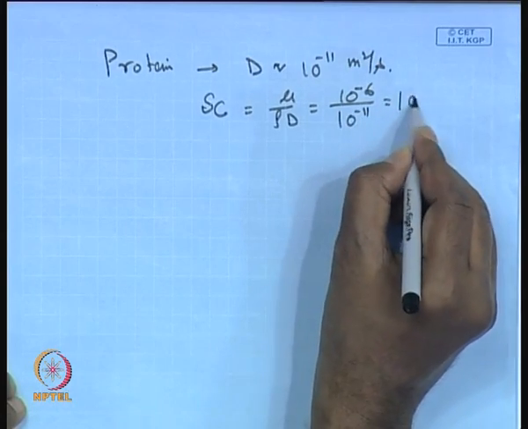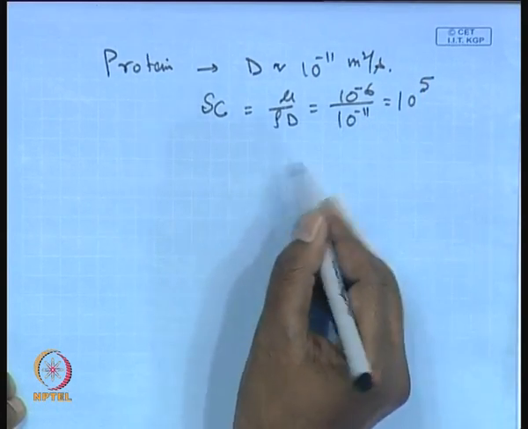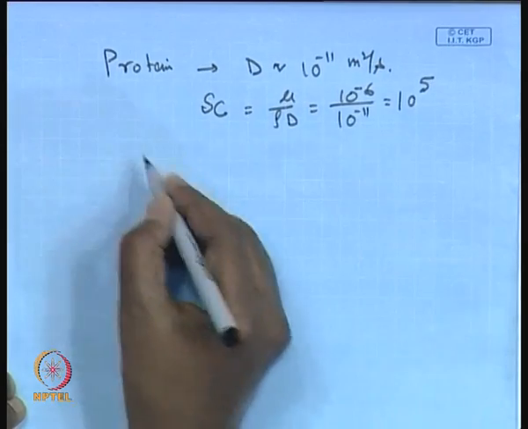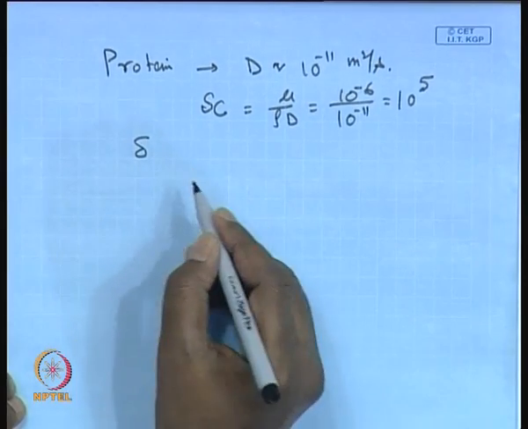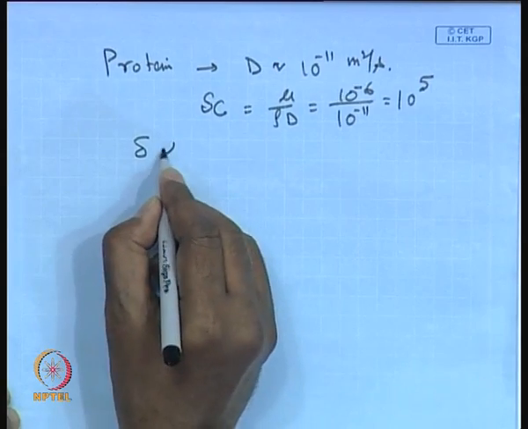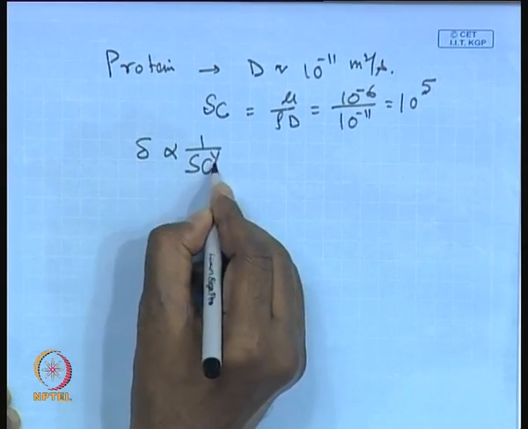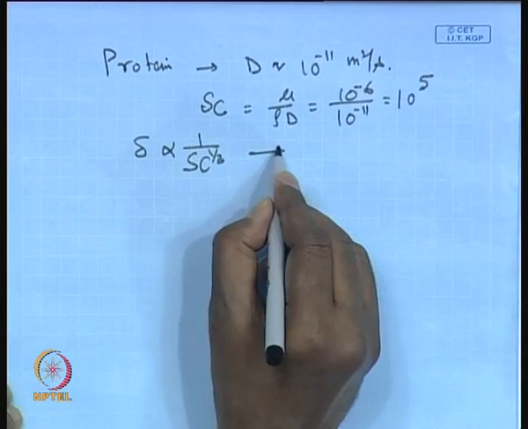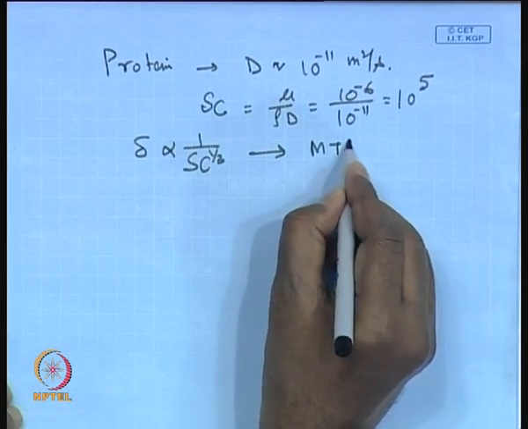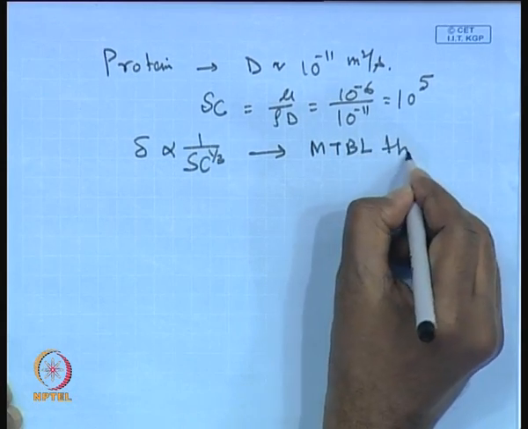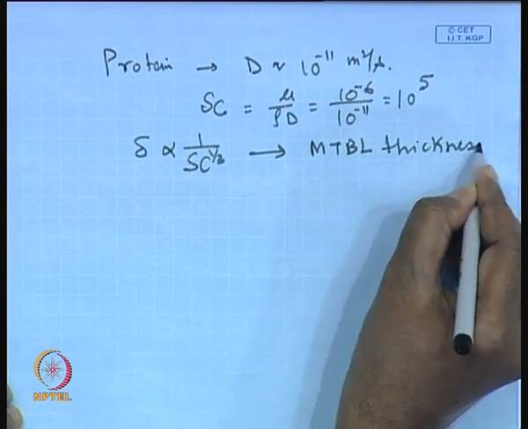So, it will be 10 to the power 5. We are talking about a very high Schmidt number, and we have already seen earlier that the thickness of the mass transfer boundary layer is inversely proportional to Schmidt number. So, the mass transfer boundary layer thickness or concentration boundary layer thickness will be extremely small.